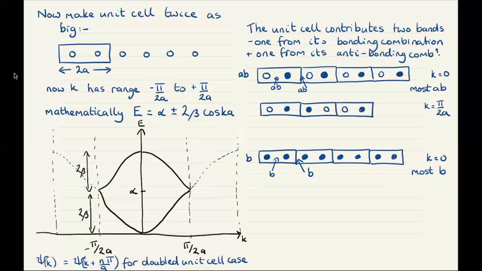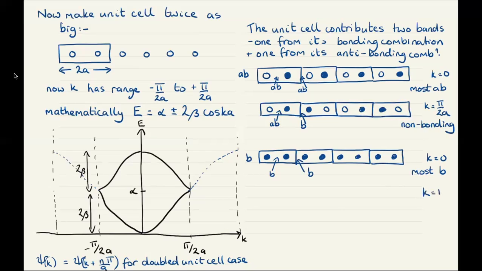And so for the antibonding combination within the unit cell, we end up with this arrangement, which we see as antibonding within the unit cell, then bonding between the unit cells. So this is actually a non-bonding orbital, and so its energy is the same as that of an isolated hydrogen atom.